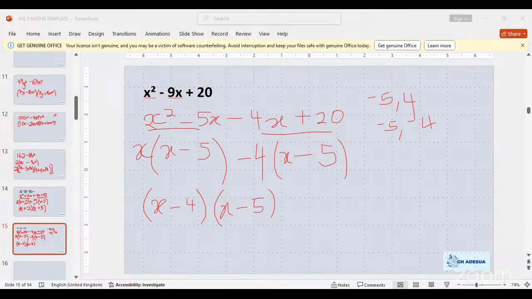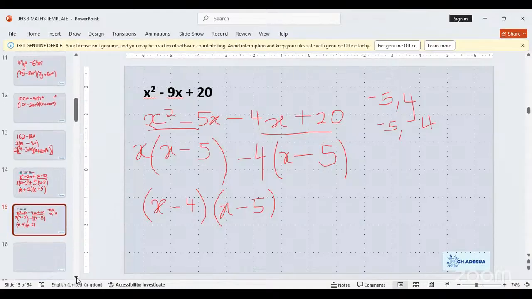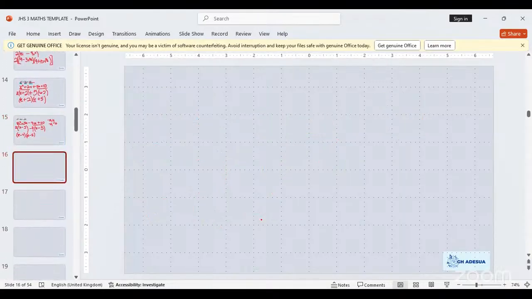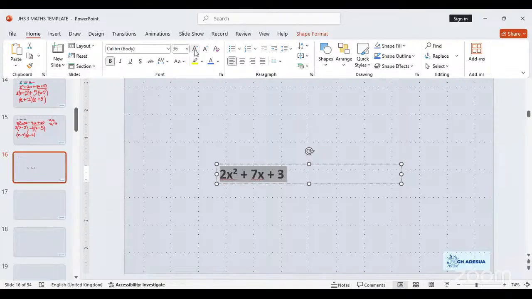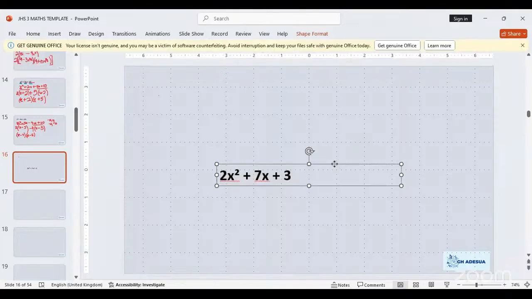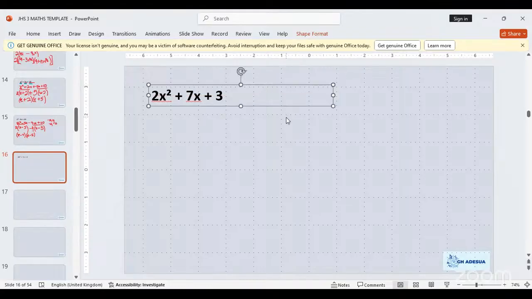Now we move on to another kind. The next kind has a coefficient to the first variable. For example, we have 2x squared plus 7x plus 3.